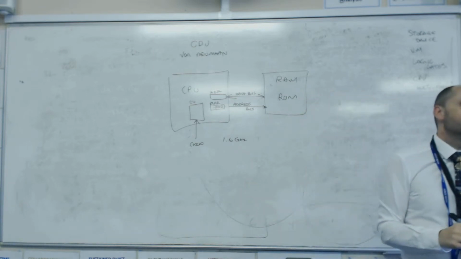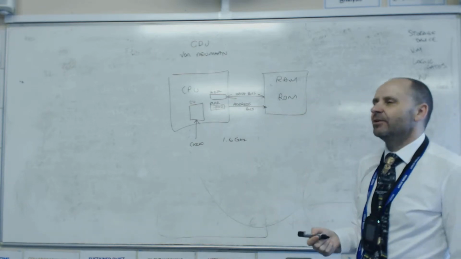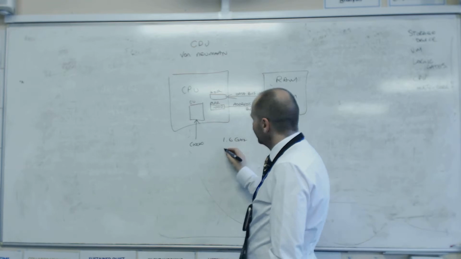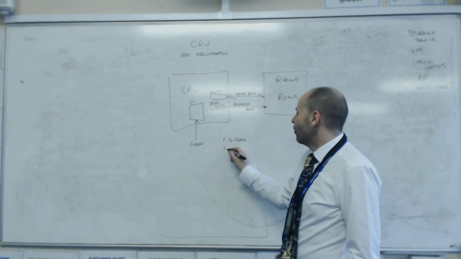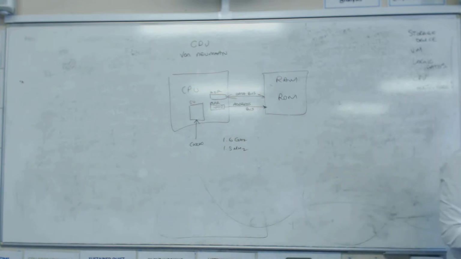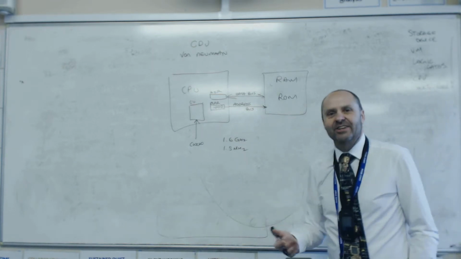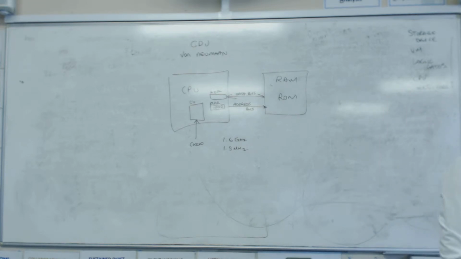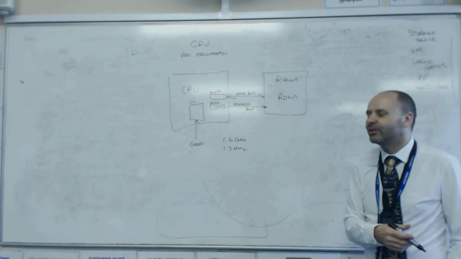If I was doing this back when I did A-level in 1980, we'd be saying 1.5 megahertz. So the clock speeds have sped up quite a bit in the last 30 odd years. Okay, so we're talking gigahertz, not megahertz.